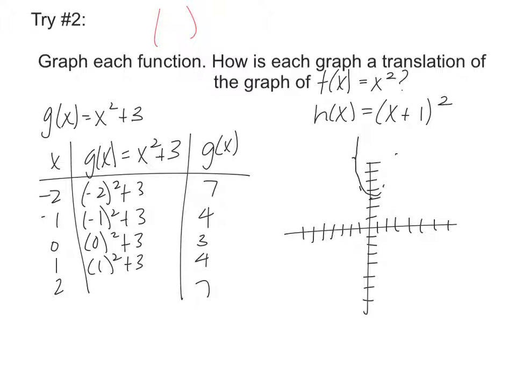So our graph here, once again, has been shifted on that x-axis. This time it's been shifted upward. It has been shifted up 3 units. And I can tell that because on the outside I see plus 3.